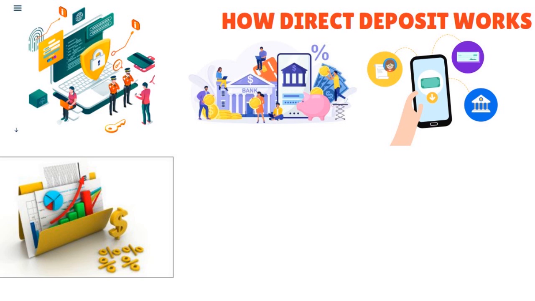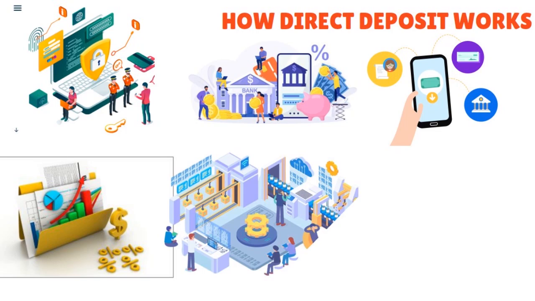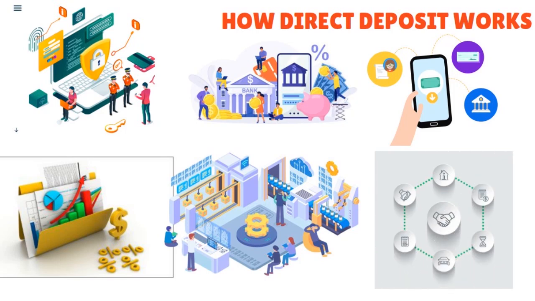Now, the bank in turn leverages an electronic network called the Automated Clearinghouse, ACH. When banks use the term ACH payment, they are referring to funds that transfer electronically through this network. The ACH sorts the information and routes the transfer to the proper bank, and the bank then deposits the funds into the account of the employee. So that's, in a nutshell, what happens.